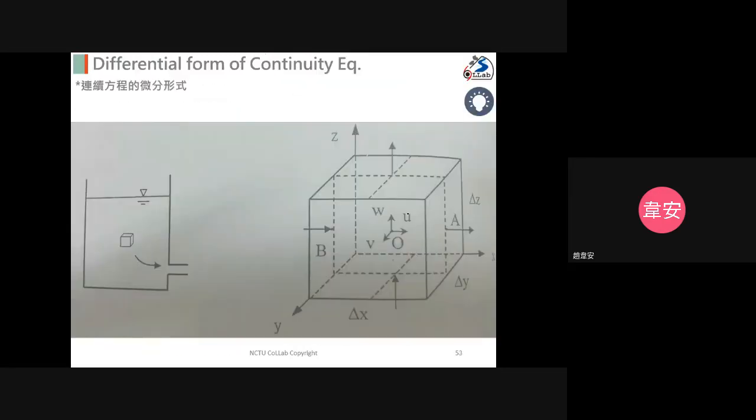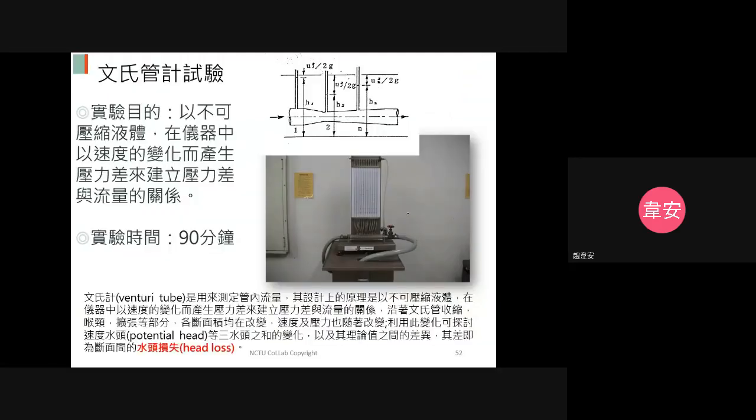Okay, so for the next part, we focus on the differential form of the continuity equation. But before that, in the next semester, we have the Venturi experiment in our fluid mechanics laboratory experiment class. Okay, so this is our instrument, and if you take a look, there is one Venturi in here.